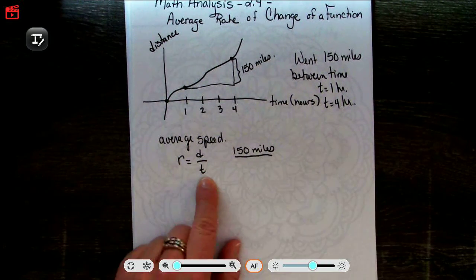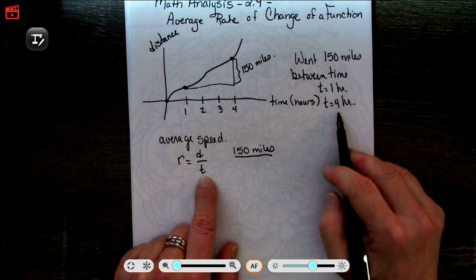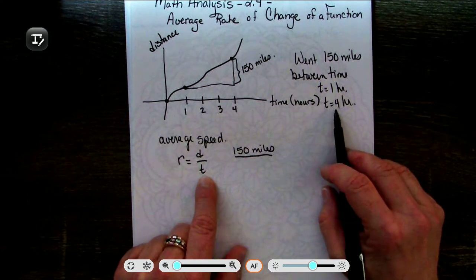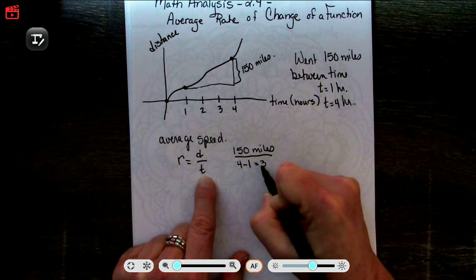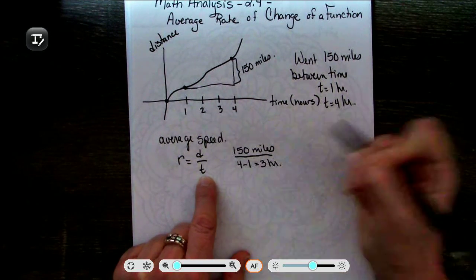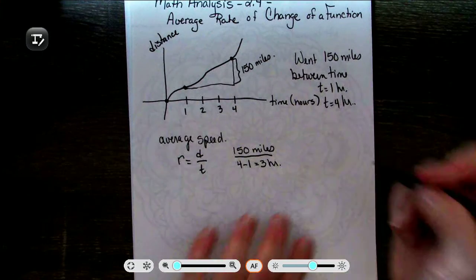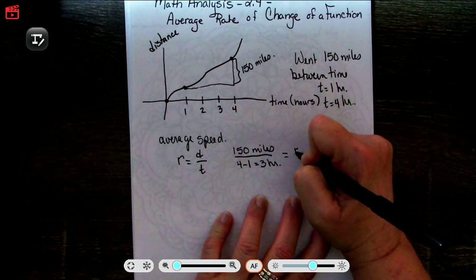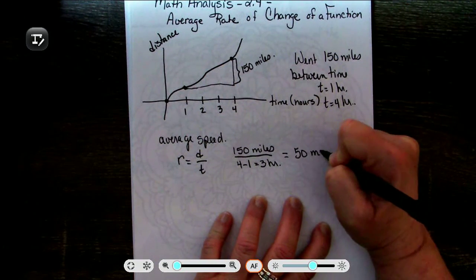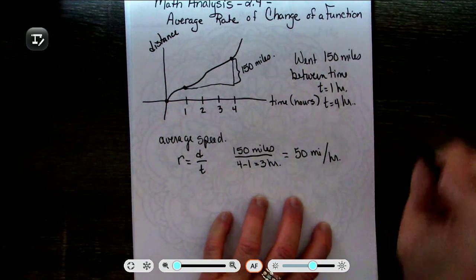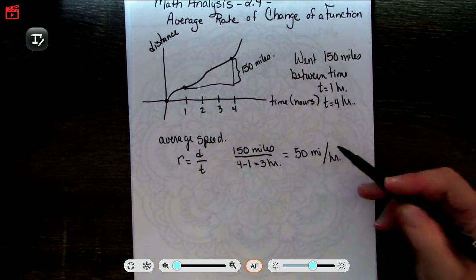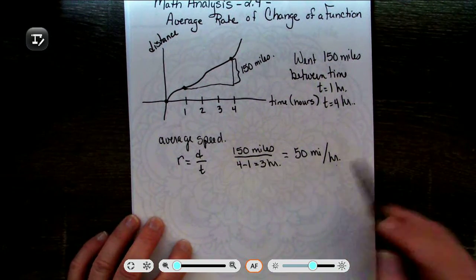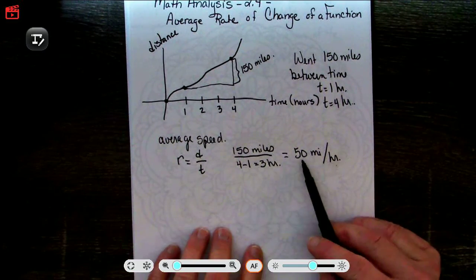And it took us, the time that spanned was from 1 hour to 4 hours, or 4 minus that 1, 3 hours. So we went roughly 150 miles in 3 hours, or we averaged 50 miles per hour. So there is our average rate. So it turned into a rate, miles per hour, and we're averaging 50 miles an hour.